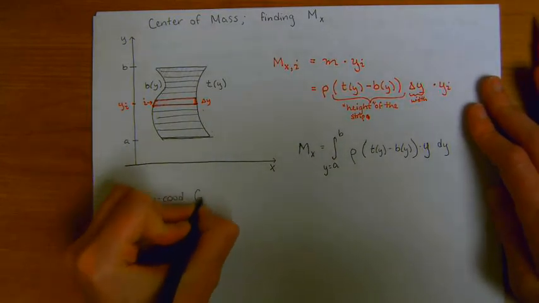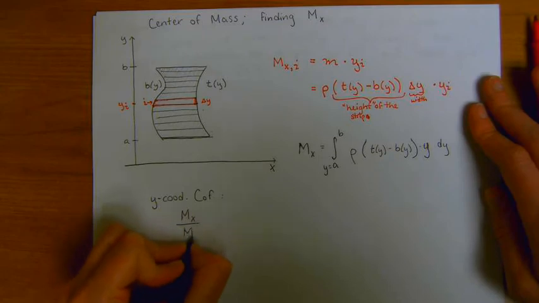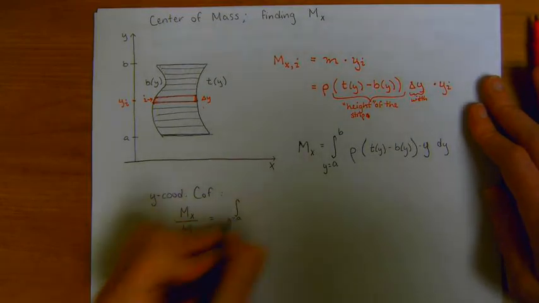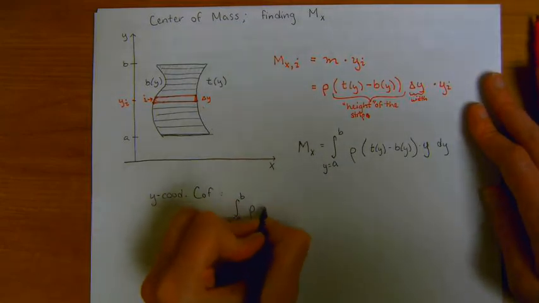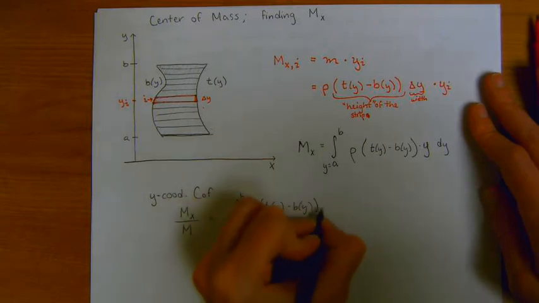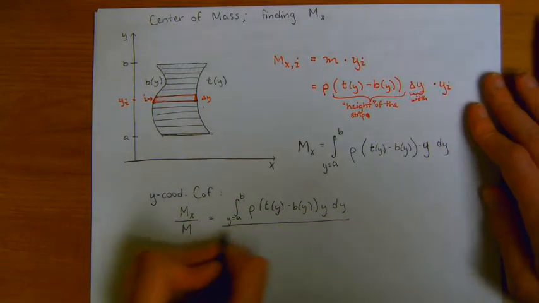And if we wanted to find the y-coordinate of the center of mass, that's going to be our moment divided by the total mass of the system, and the total mass of the system hasn't changed. But I guess I'll rewrite the integral as well. The integral of t sub y minus b sub y times y dy, all divided by the mass of the system.